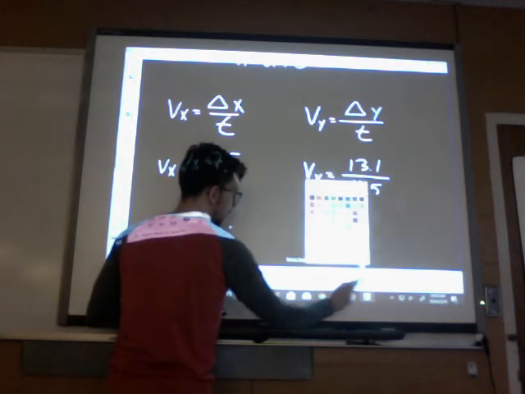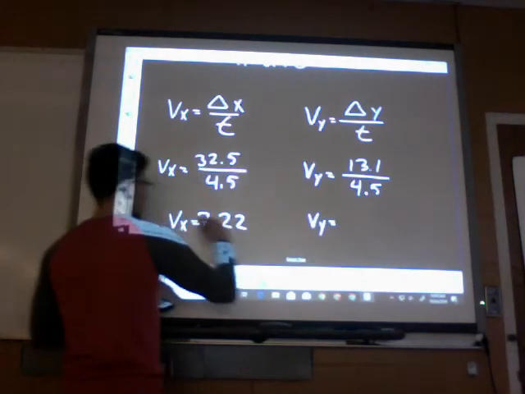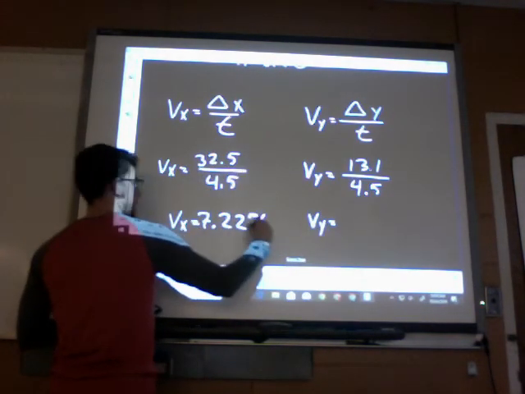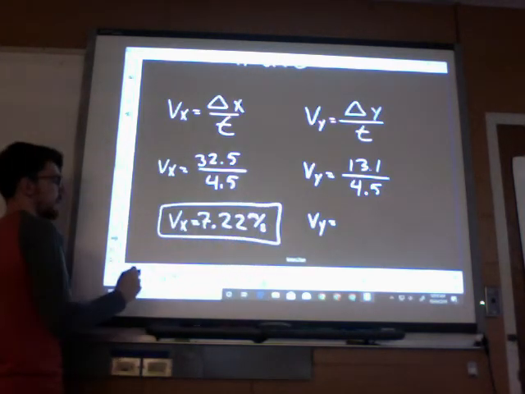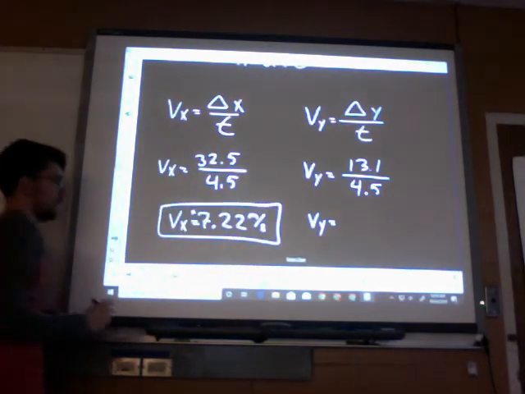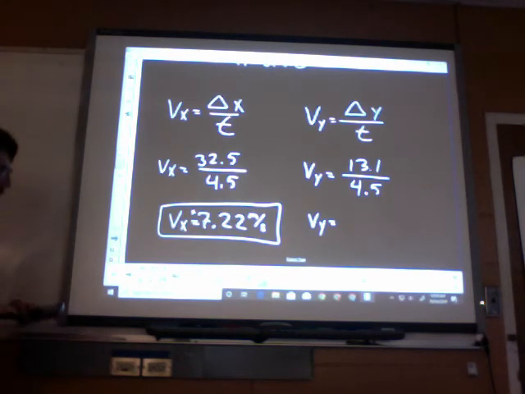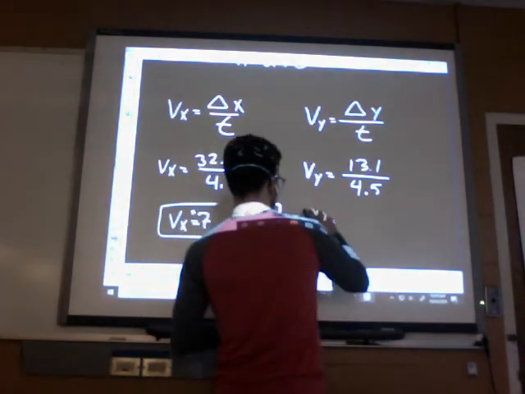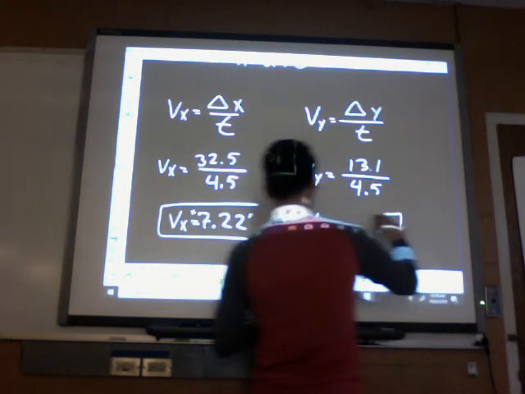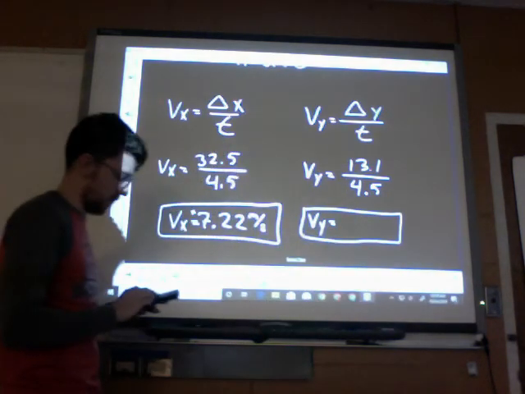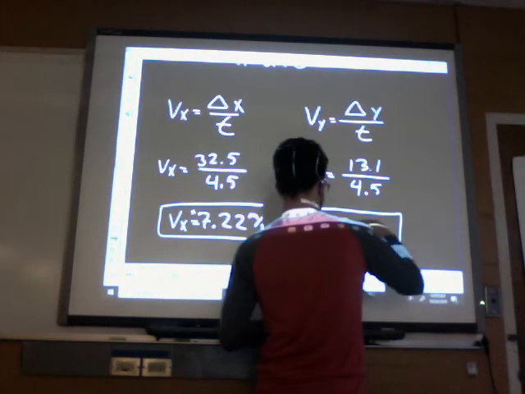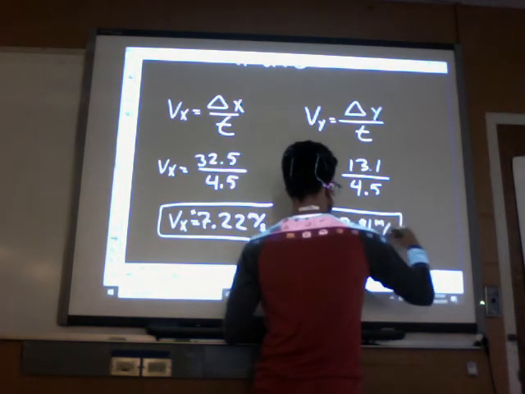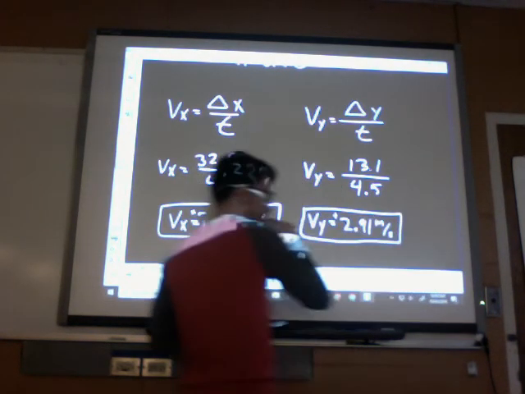So Vx is 7.22 meters per second. It's positive because we're moving right. And Vy will be 2.91, and that is also positive.